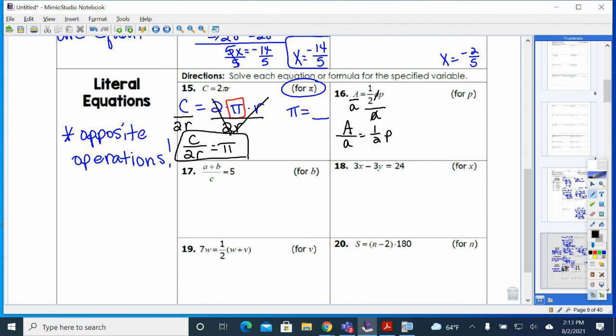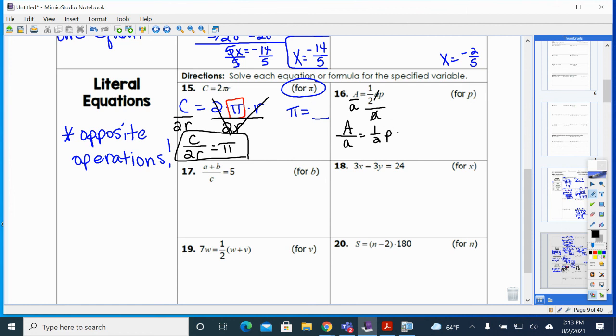And a little bit ago, in one of the previous examples, I just divided by the fraction. Well, with literal equations, you can't really do that. What you need to do is multiply by the reciprocal. Reciprocal means flip the fraction.